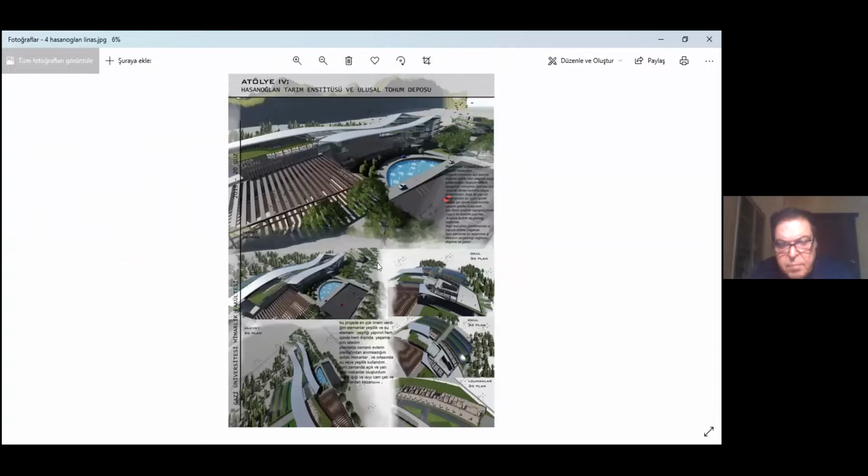Hasanoğlan is important in our history because there was an agriculture village institute here in the early Republican period. So we wanted to add some new buildings to reanimate this place.